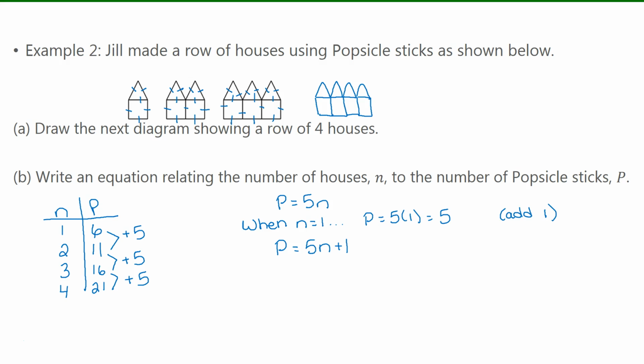Now I'm going to test this equation. So I'm going to plug in n to be 4 this time, and what I'm looking for is 21. So 5 times 4 plus 1 is 20 plus 1, which is 21. So there's your equation. P is equal to 5n plus 1.